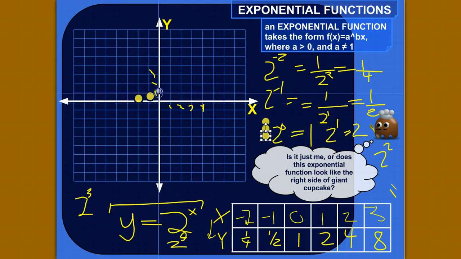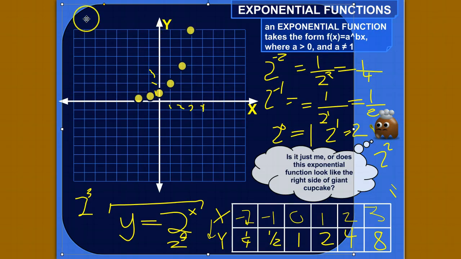So x is 0, y is 1. And 1, 2. X is 1, y is 2. And then 2, 4. So x is 2, y is 4. And one more point here: 3, 8. So x is 3, and y is 8.